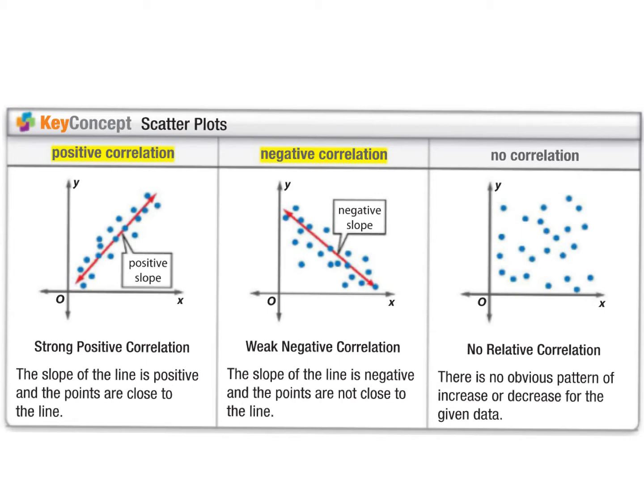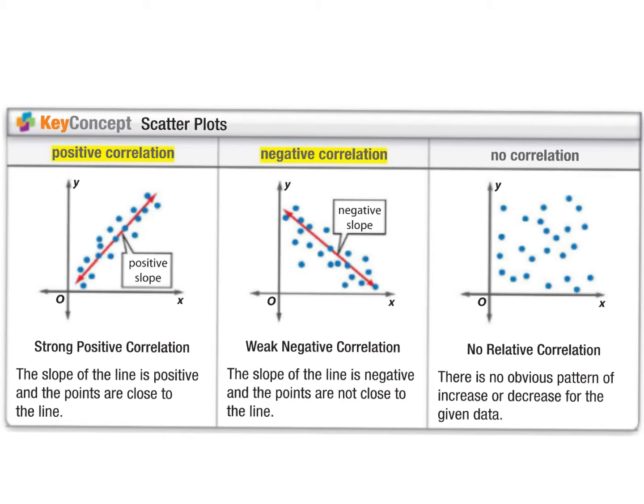Sometimes when you plot your information on an XY plane, you have positive correlation, which really means positive slope, right? Negative correlation is like a negative slope going down from left to right, or no correlation. Something that has positive correlation would be, let's say, age and height.